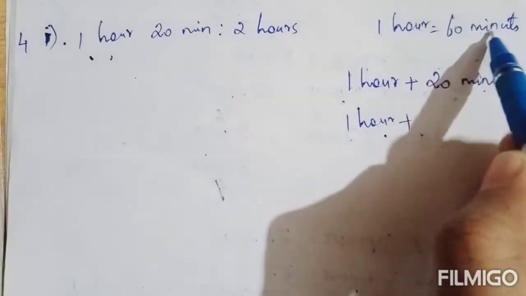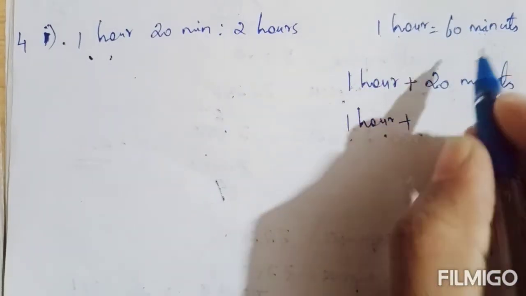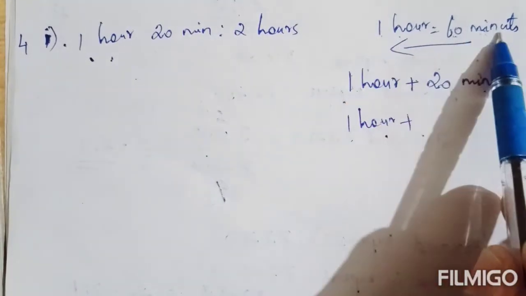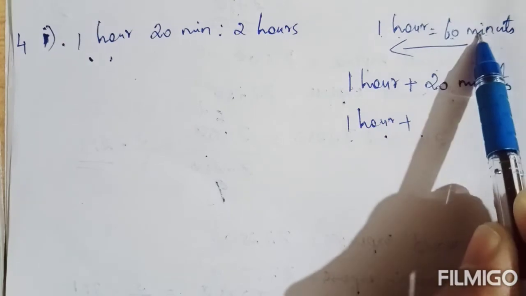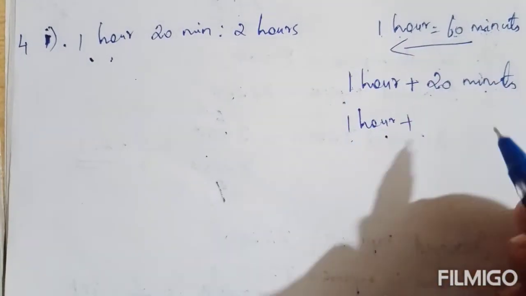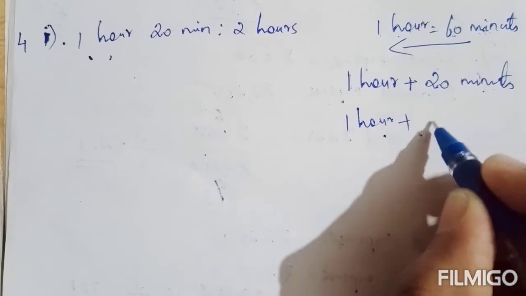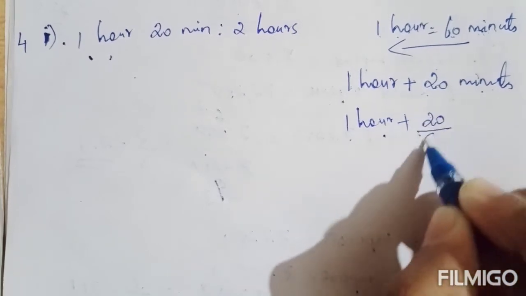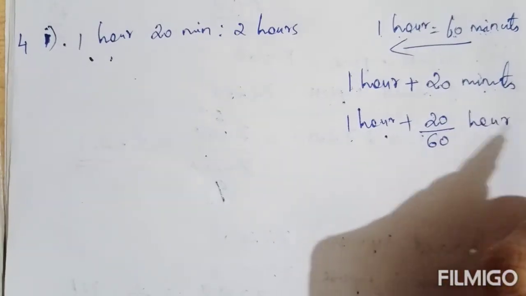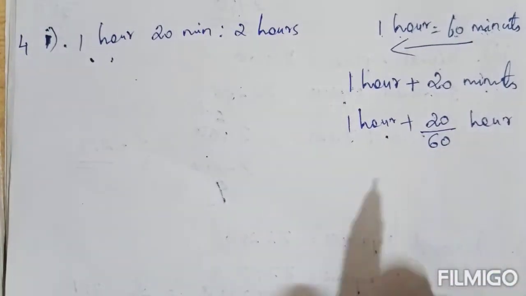In order to convert minutes to hour, just divide by 60, since 1 hour is equal to 60 minutes. So 20 minutes, how can you convert to hour? Just divide 20 by 60. The unit will be hour.